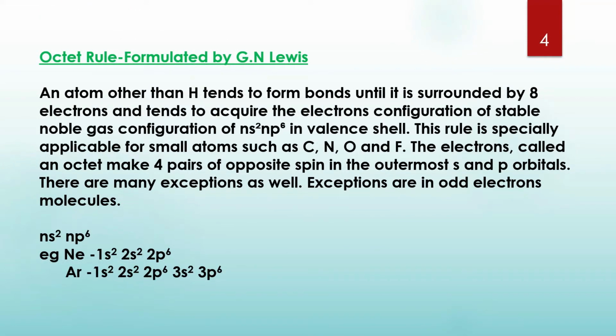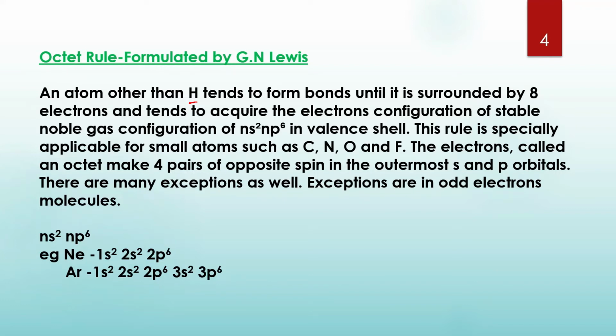Next we'll be looking at the octet rule. The octet rule says that any atom other than hydrogen tends to form bonds until it is surrounded by 8 electrons and tends to acquire the stable noble gas configuration of ns2 np6 in the valence shell. In the periodic table, noble gases have the configuration ns2 np6.